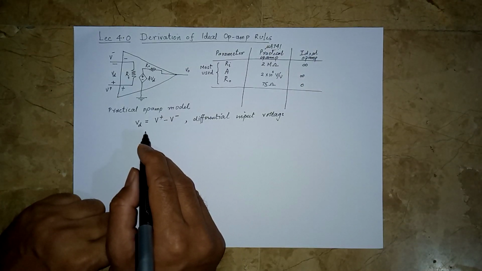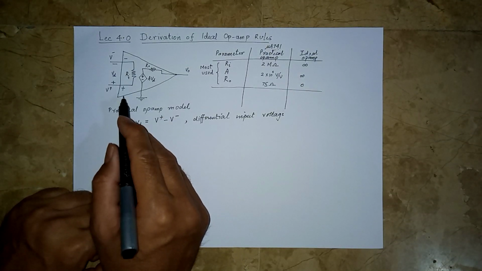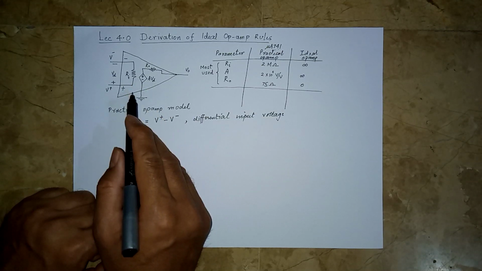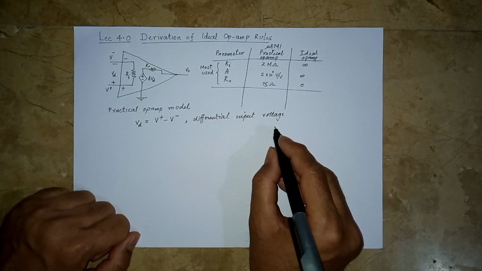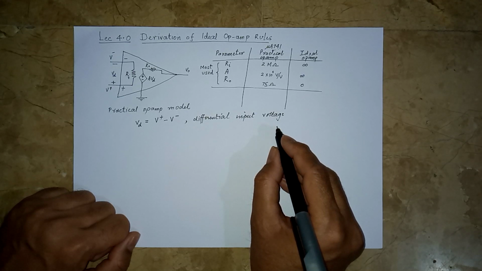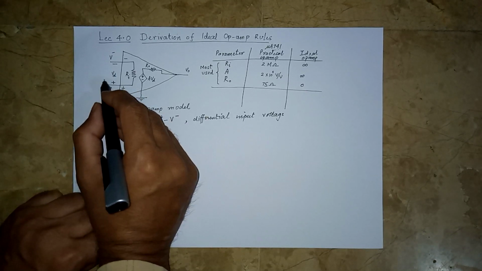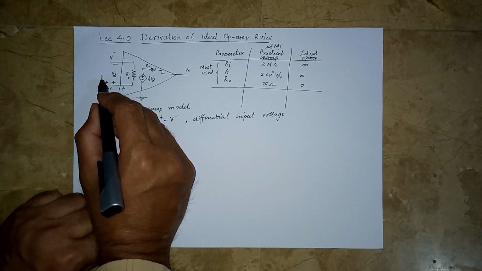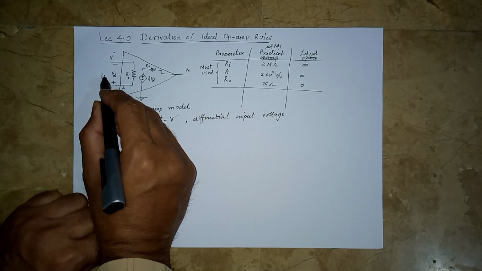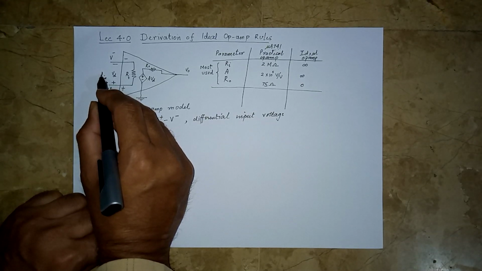Now let us see how we can derive the ideal op-amp rules from this circuit. I hope you remember the ideal op-amp rules that no current goes into the op-amp. So let us say the input current here is IN, or capital IN maybe.